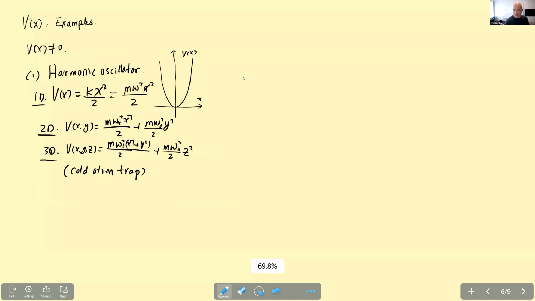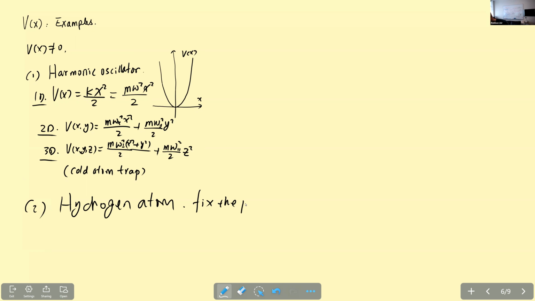You can also consider another example. Let's consider a hydrogen atom. Let's fix the position of the proton because it's heavy.